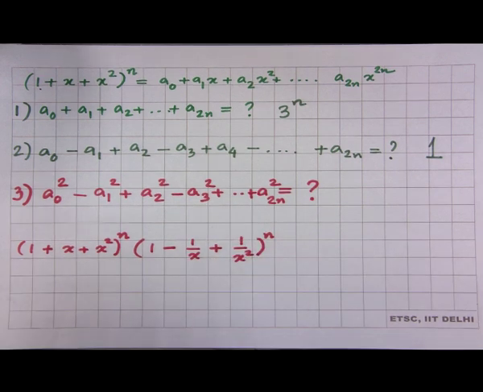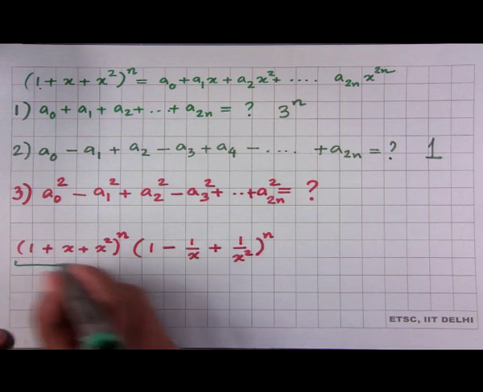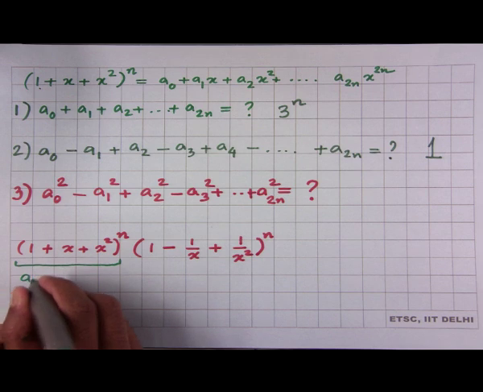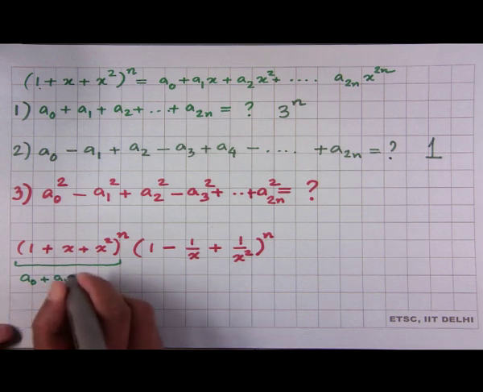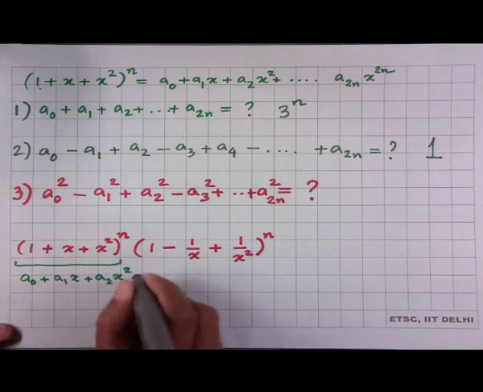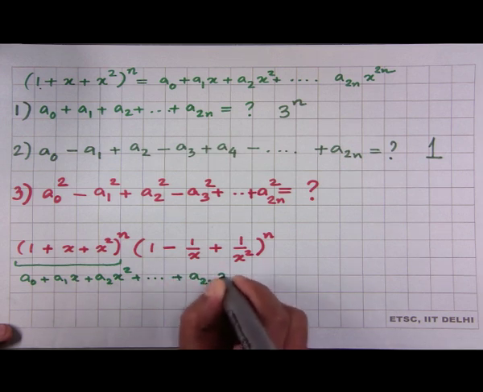Okay. This is one possibility, because this, the first one, is going to expand out, and what will you get here? You will get a 0 plus a 1 x plus a 2 x squared plus so on all the way till a 2n x power 2n.